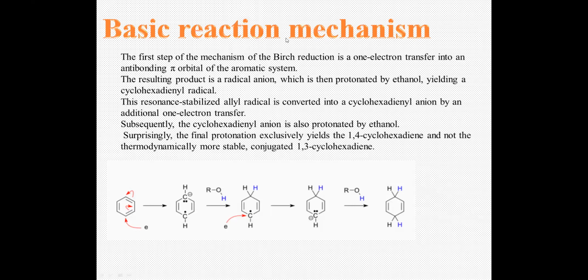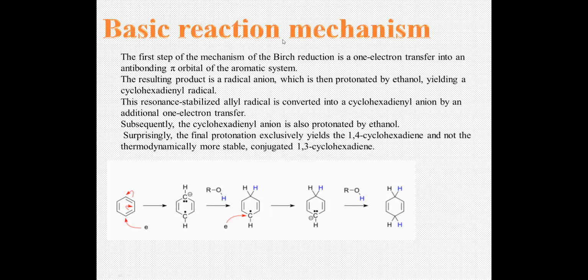So what is the first step? First step is your transfer of a single electron. When there is a transfer of electron, there is a resonance transfer of electron around the benzene ring, and you get a radical anion. The next is your protonation of your anion.